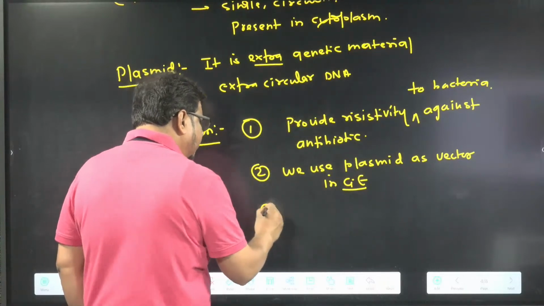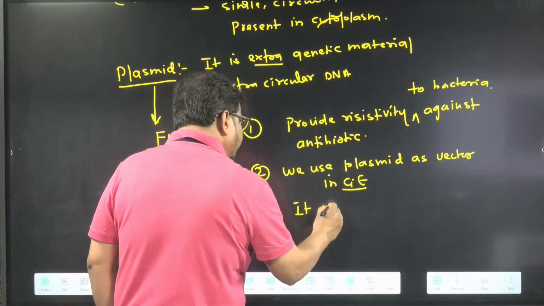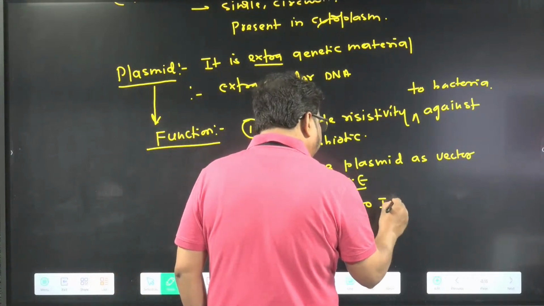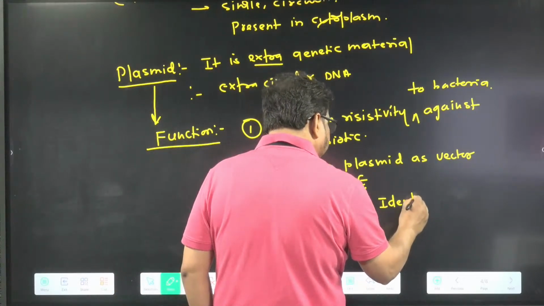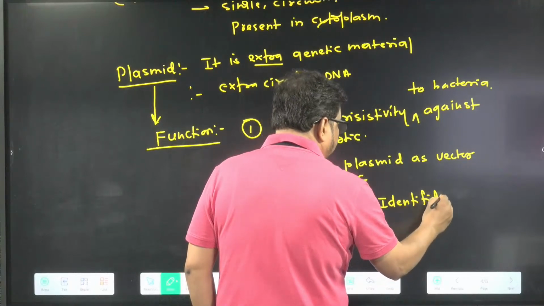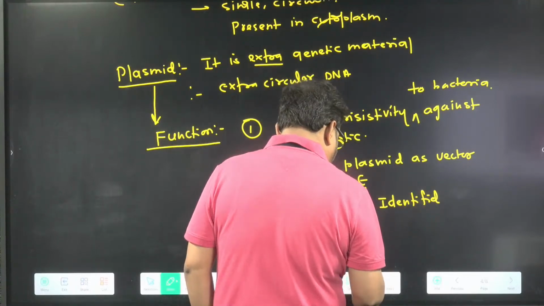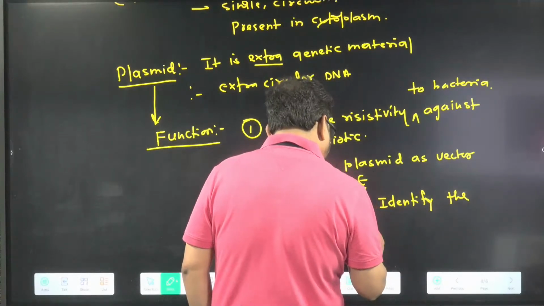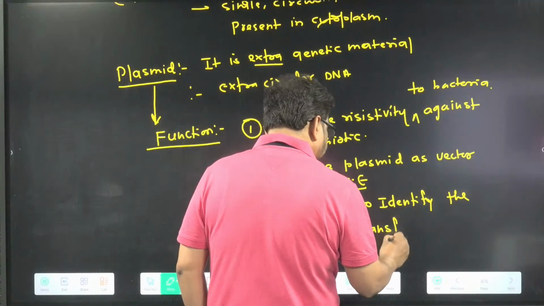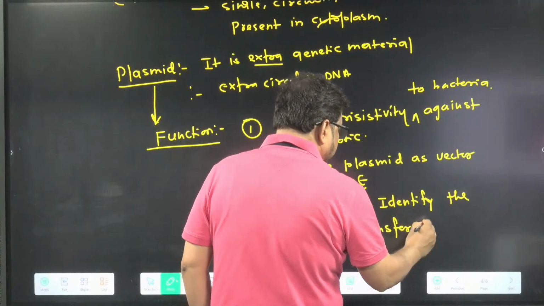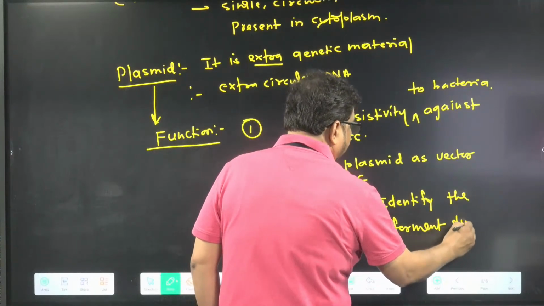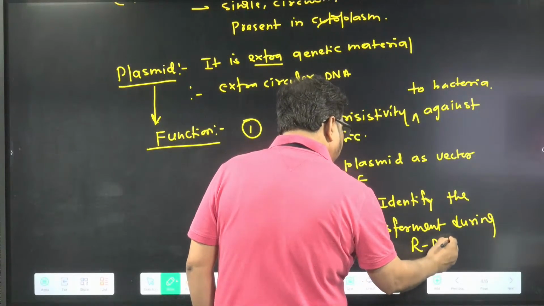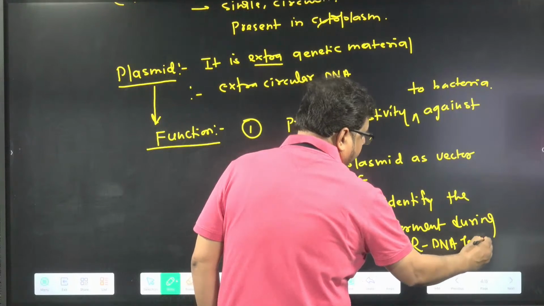Third function, it is used to identify the transformant during rDNA technology, recombinant DNA technology.